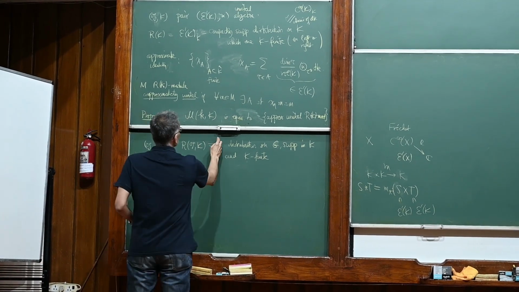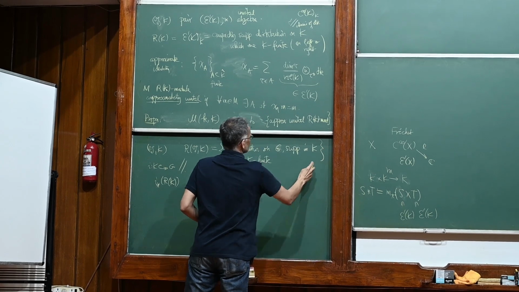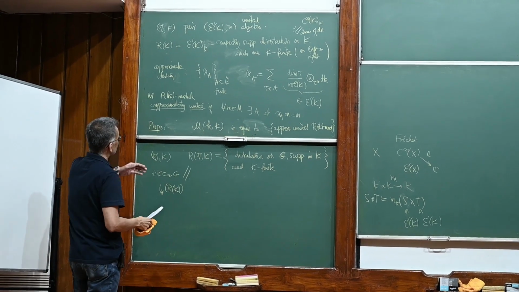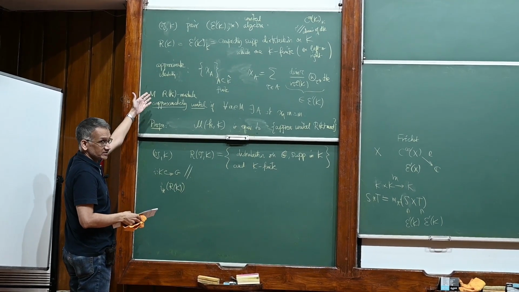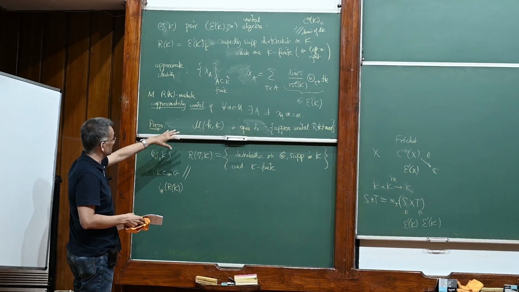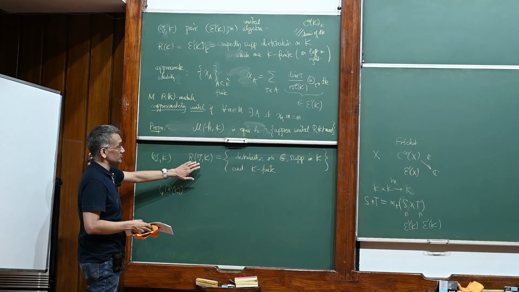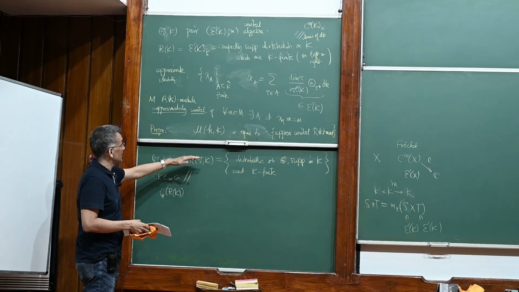Okay, and this is again a convolution algebra. It has an approximate identity, which is the same approximate identity. I just consider those as distributions, the characters of K giving distributions on G.